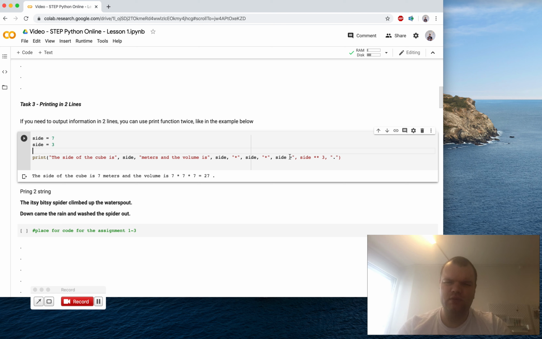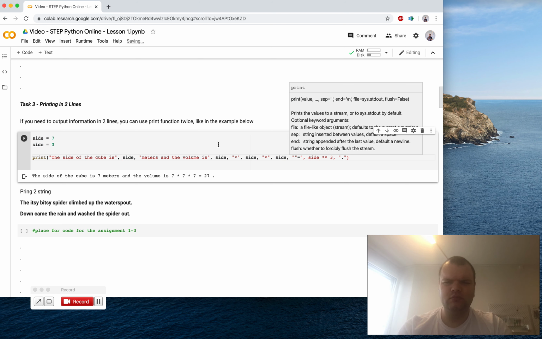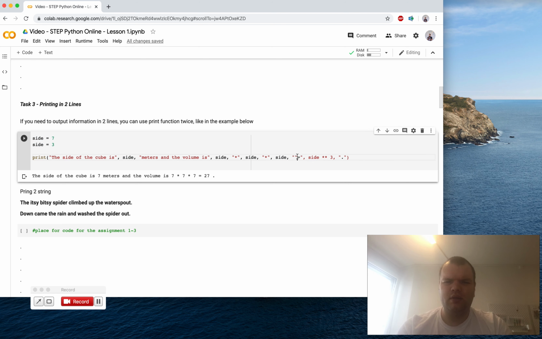Side. So I made a small mistake here. And here, let's check whether I'm not mistaken with commas. Yeah, so we have it here. And for example, if we change side here, by the way, if you change it here, it will not change anything because the variable side is taken from the last time.